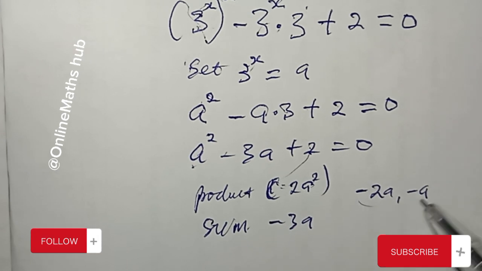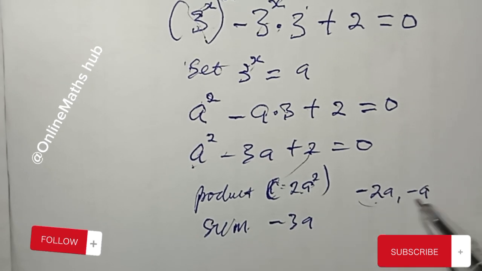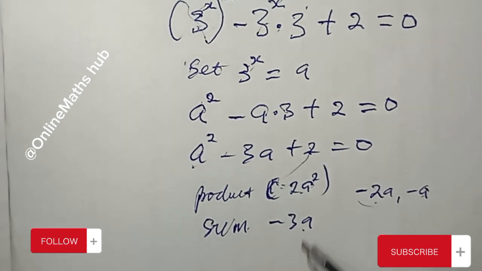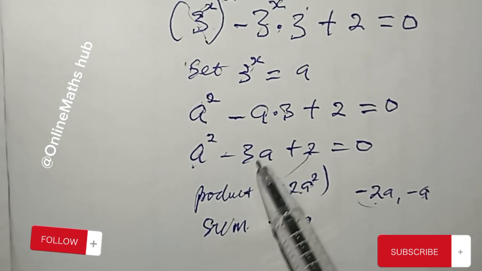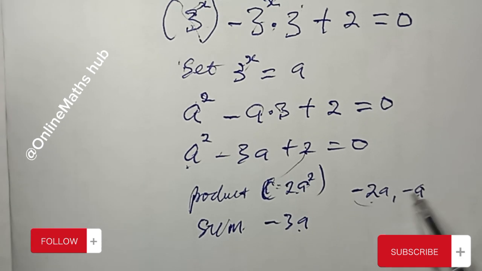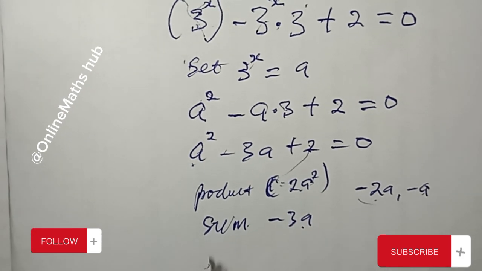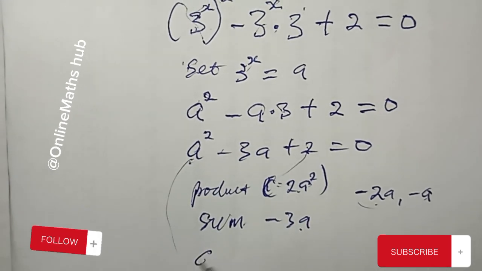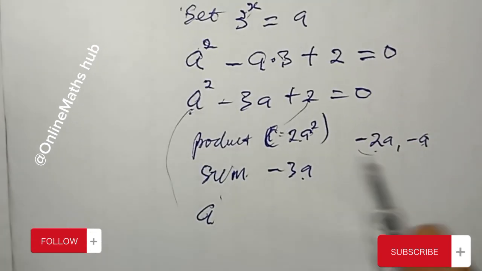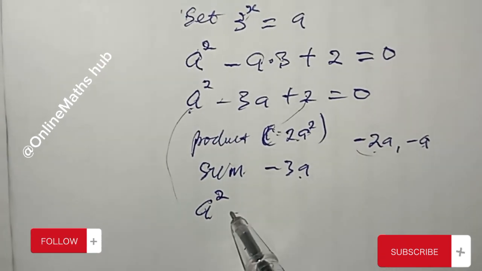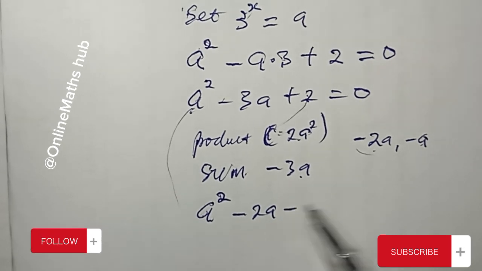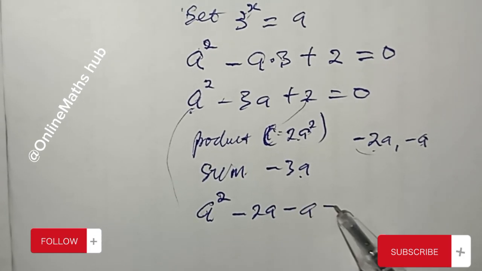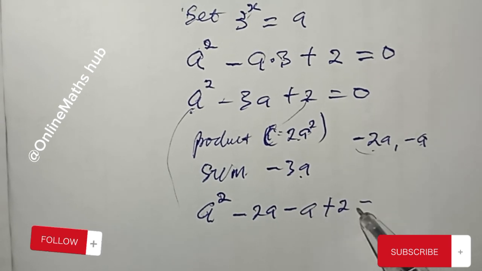If you multiply these two, it gives you this, and when you add them, it gives you minus 3a. Having gotten that, I replace minus 3a by the sum of these two numbers. So this question now changes to a squared minus 2a minus a plus 2 equals 0.